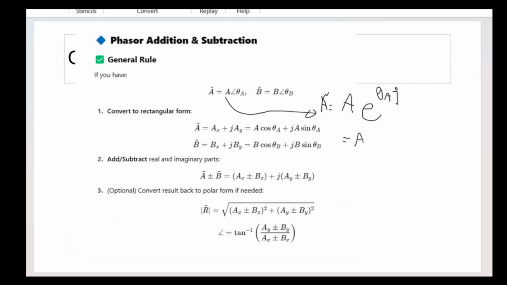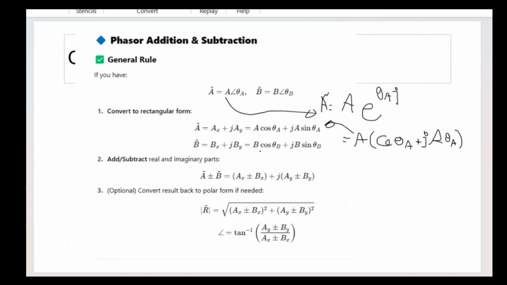It equals A times cosine of theta A plus j sine of theta A. And that's exactly what we have here.